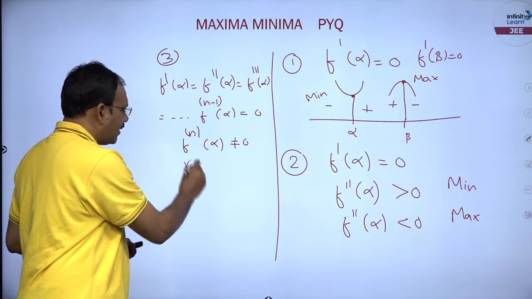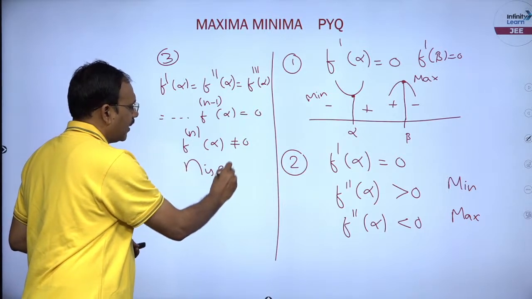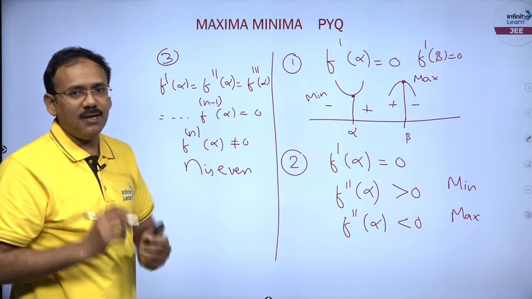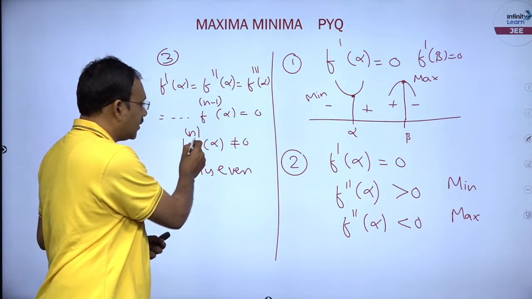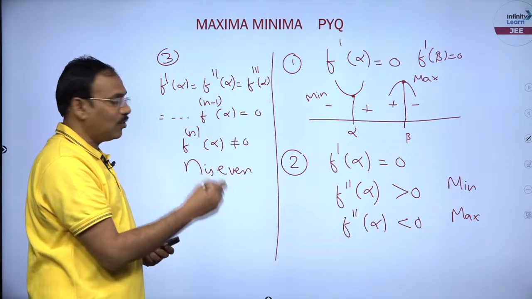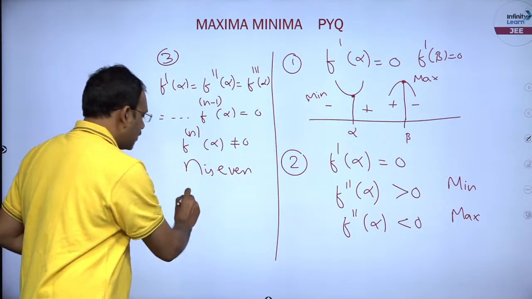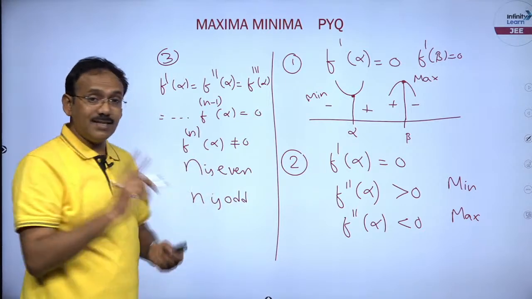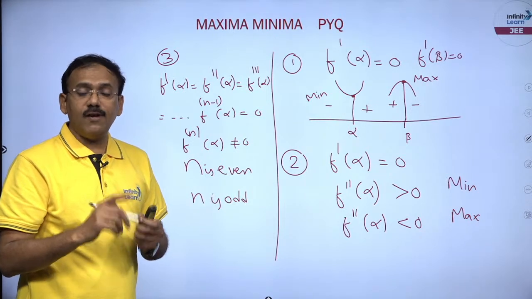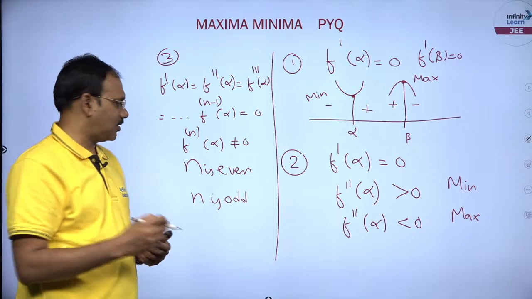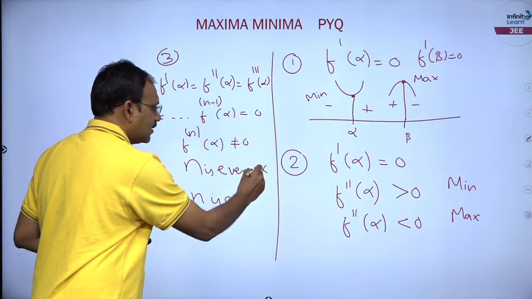So, if n is even, my dear friends, you can just treat n as 2 in your mind. Now, if the nth derivative is positive, local minima, negative, local maxima. Suppose n is odd, you treat n as 1. So, first derivative positive means increasing nature, negative means decreasing nature. I think you got my point, friends.